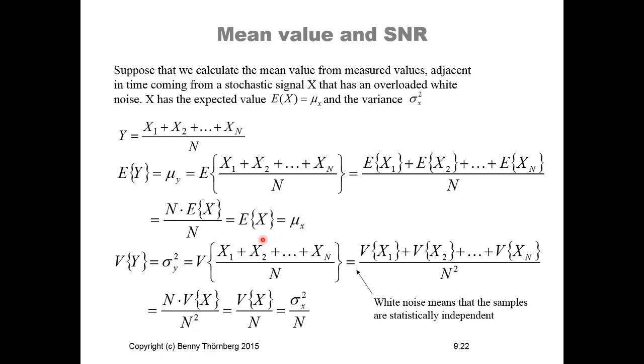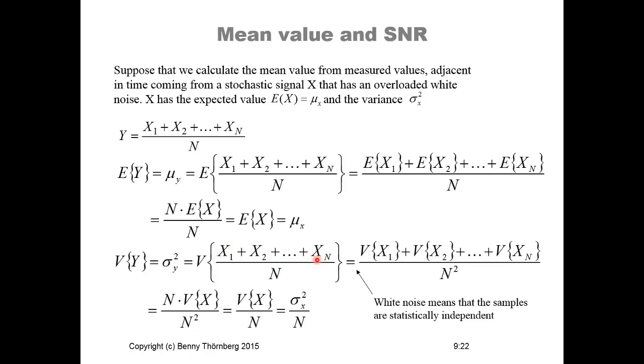We can continue with the variance of this new variable y, being sigma square of y, equal to the variance of this expression. Now the variance of the sum of all of these stochastic variables is equal to the sum of the variance of each one of those stochastic variables, assuming that there is no correlation between the samples.